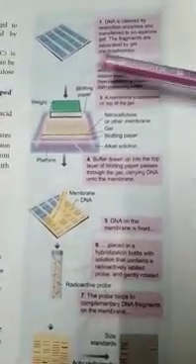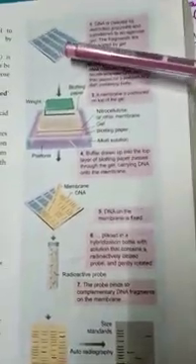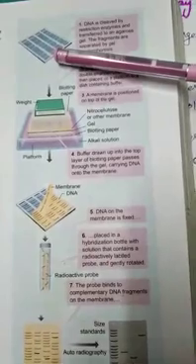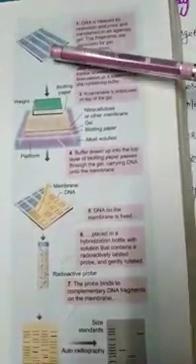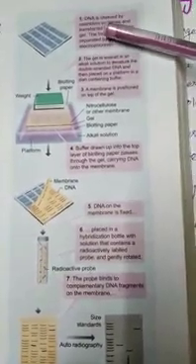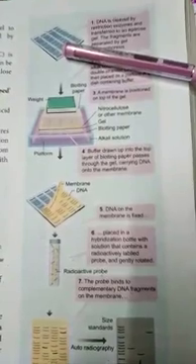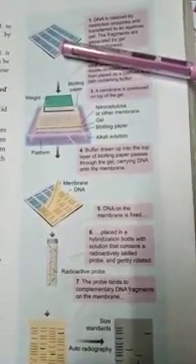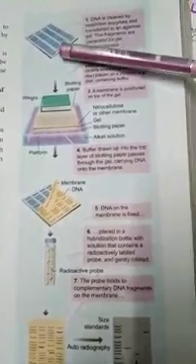The fragments are separated by gel electrophoresis. This is the specific identification of the desired DNA and RNA fragments from the larger molecules of nucleic acids. With the help of the restriction enzyme we can easily obtain the DNA fragments from the large molecules, so the desired DNA we can get.